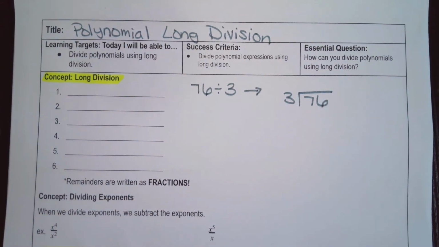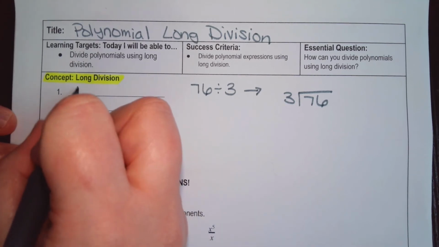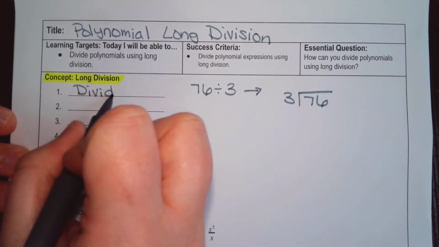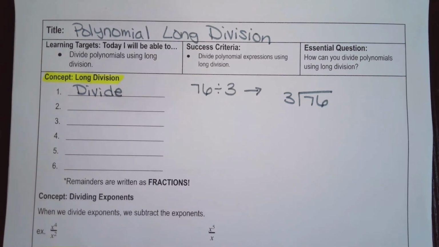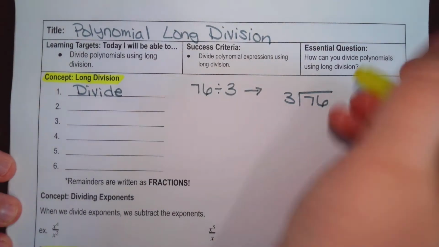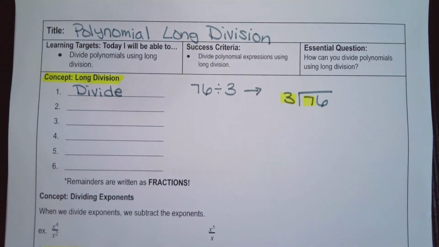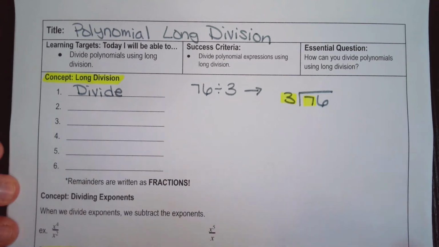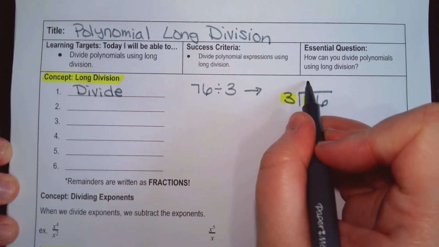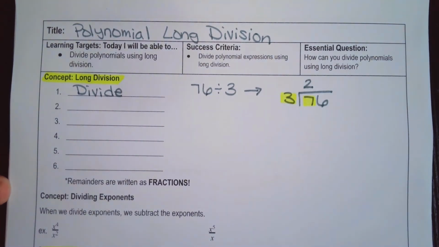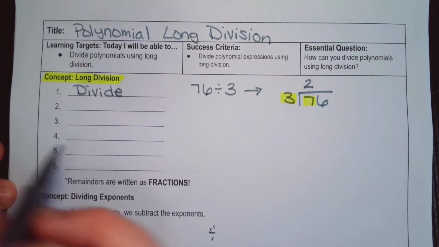So we want to divide 76 by 3. So step number 1 is to divide our first number by what we're dividing by. So what is 7 divided by 3? We can get a 2. So that's the first thing we do, is divide.